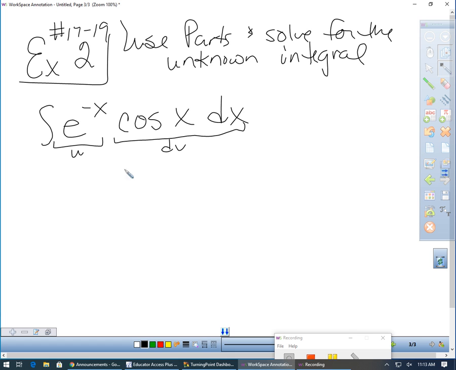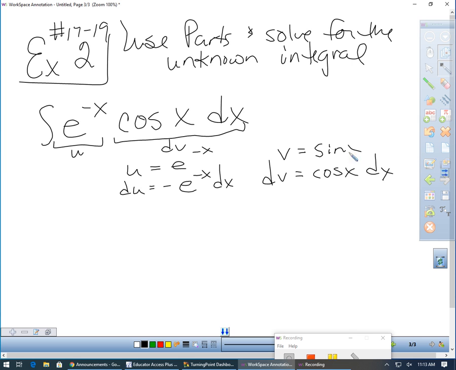Alright, so I have u equals e to the negative x, dv equals cosine x dx, du is negative e to the negative x dx, and my v is sine x. Alright, so let's write down what we have.